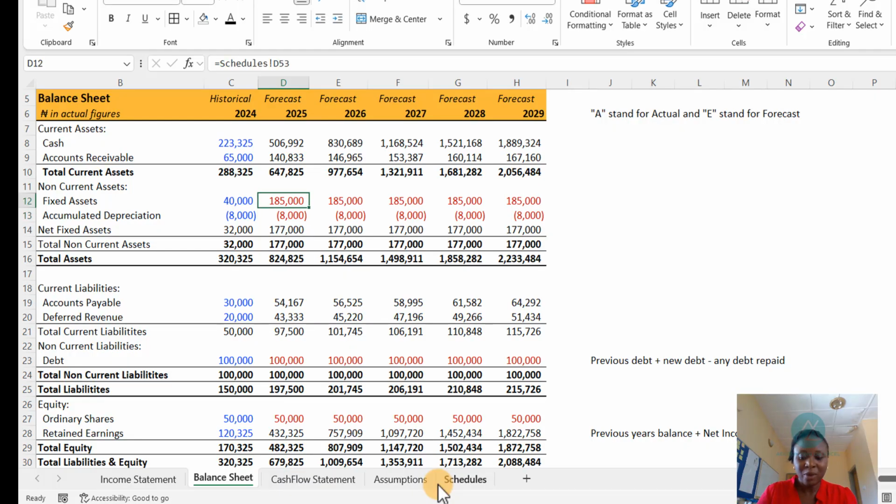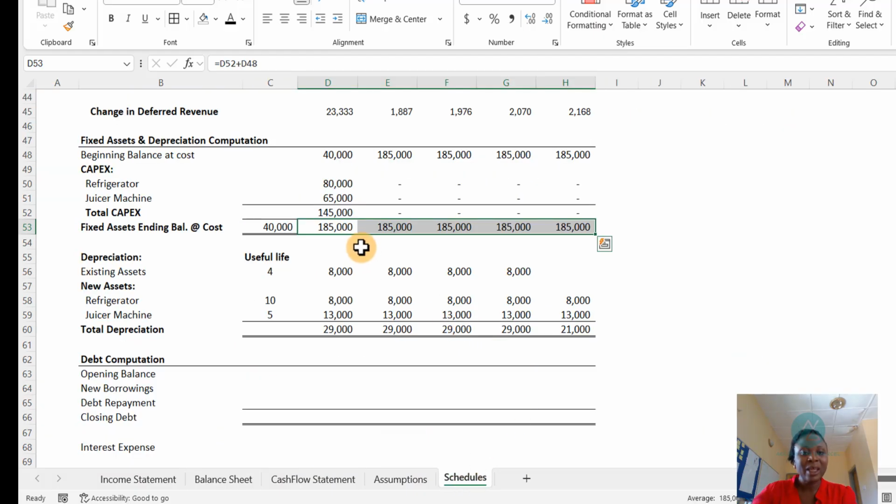Now the accumulated depreciation. So we are picking the accumulated. Mind you, this is accumulated depreciation, not depreciation. If you go to the schedule, you will notice something. This is depreciation for each year, right? Each year's depreciation.